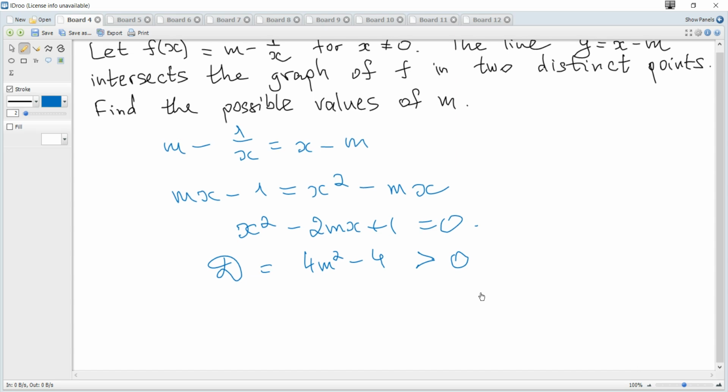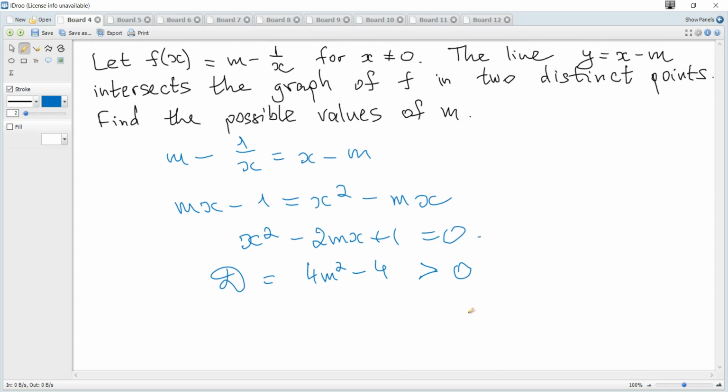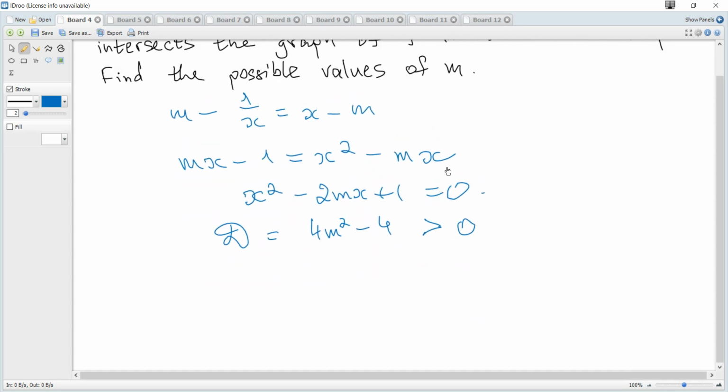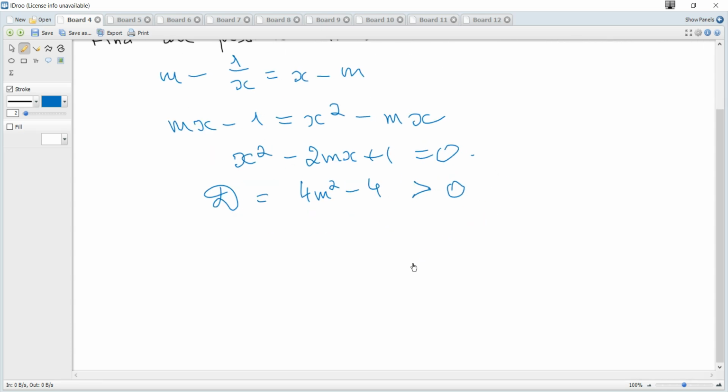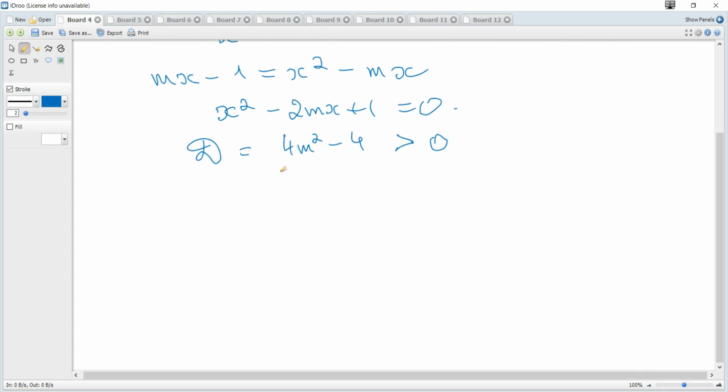We don't need the values of x, we need just values of m to get two different roots. And we need to just solve this inequality.